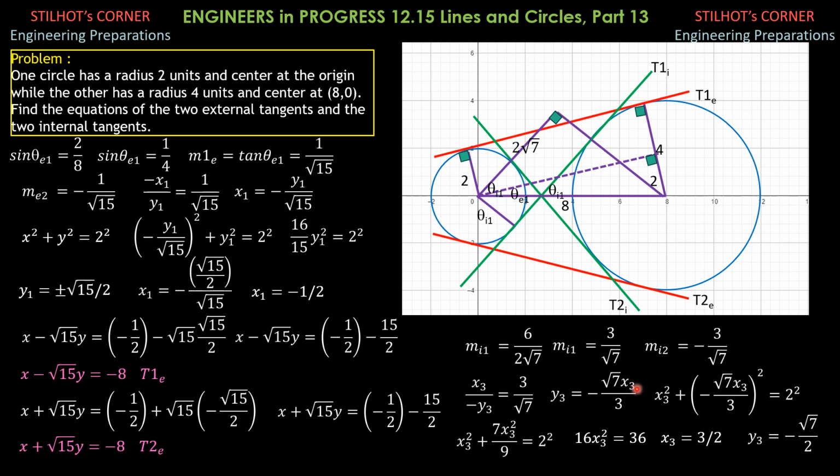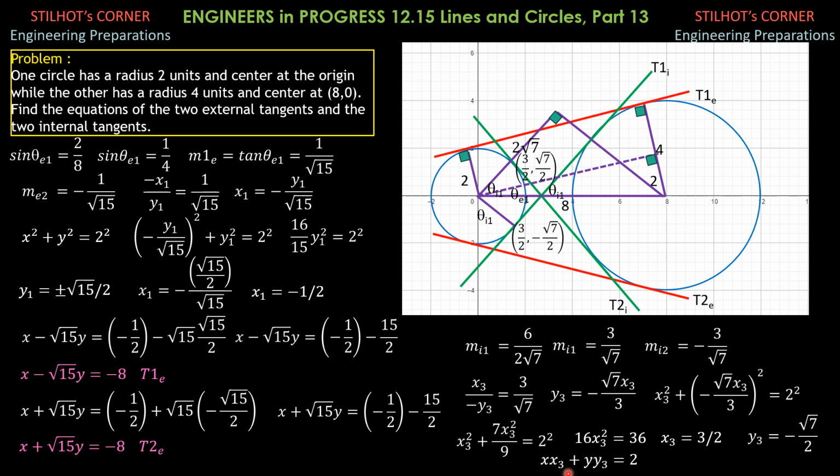If we replace this by 3 halves, we can cancel 3. So y3 is negative square root of 7 over 2, and y4 is positive square root of 7 over 2 in the first quadrant. So this point is 3 halves comma negative square root of 7 over 2, while that point is 3 halves comma positive square root of 7 over 2.